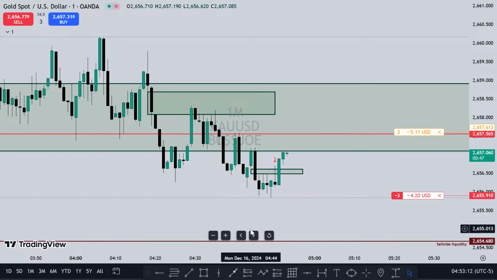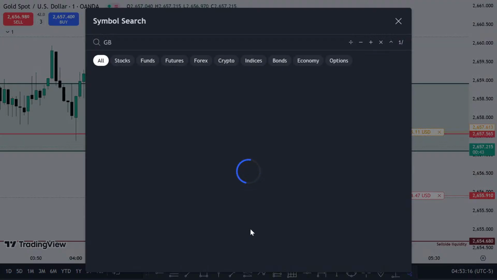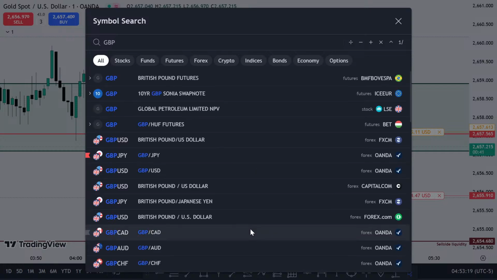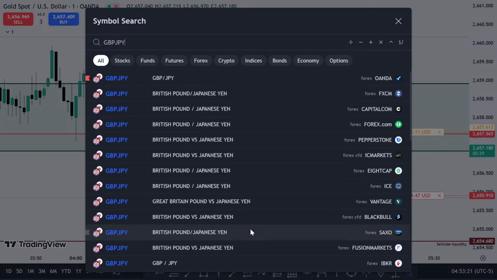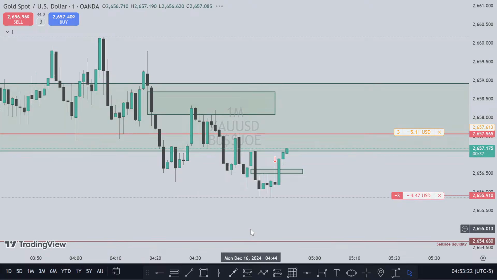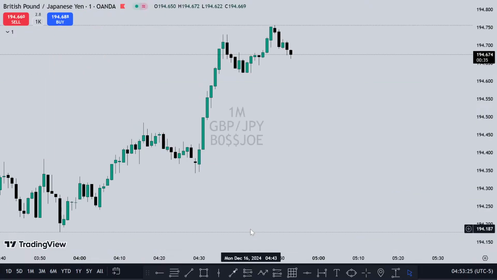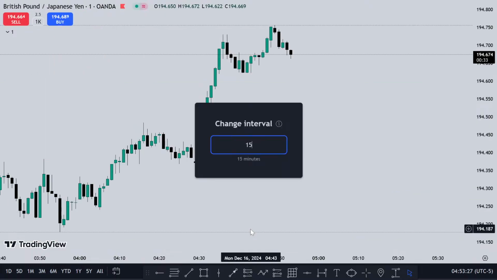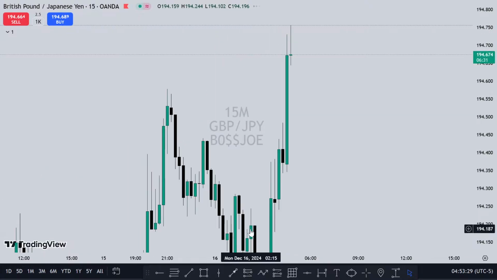Okay, let's look at GBP JPY. Okay, it's a nice 15 minutes.